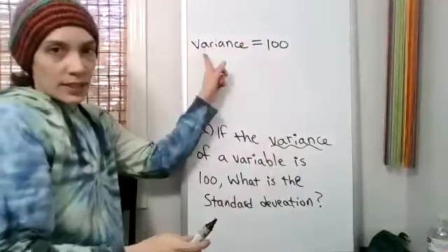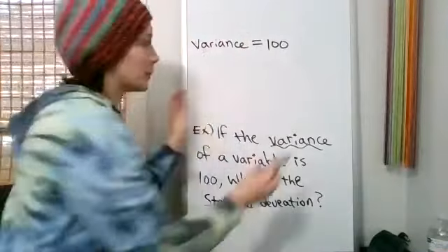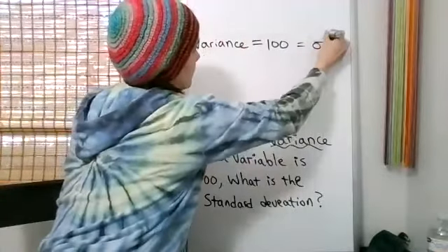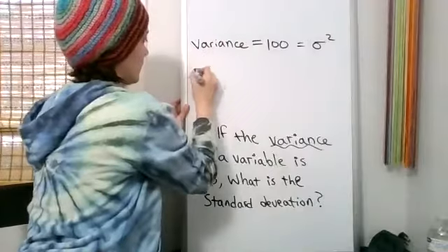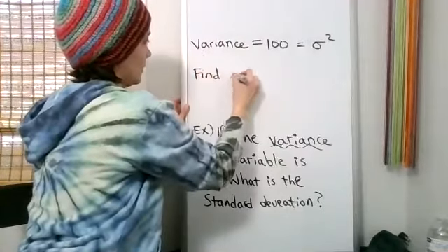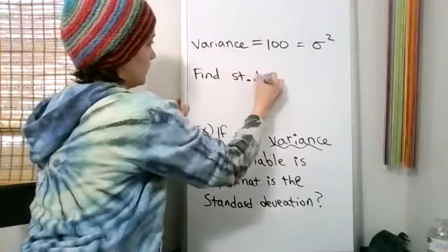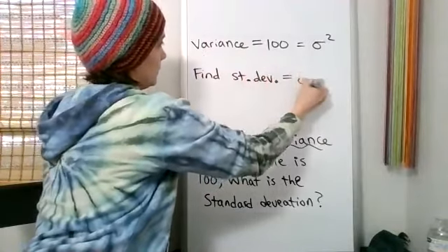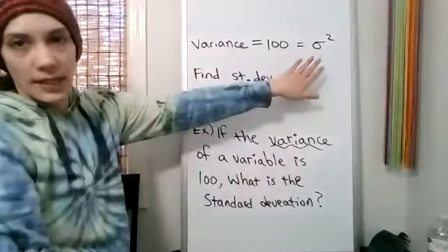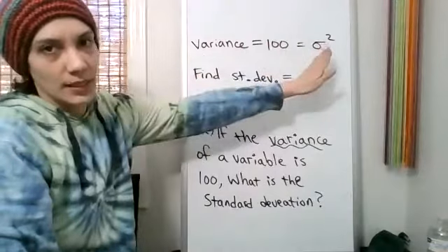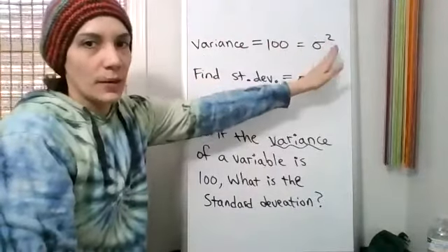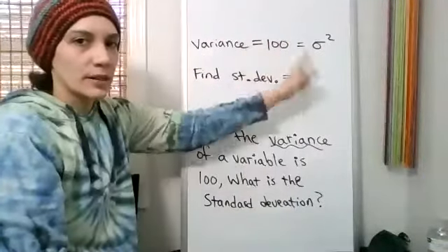The symbol for variance is sigma squared. So take this equation, square root both sides to get rid of that power, and on this side, the square root of 100 will give you 10.